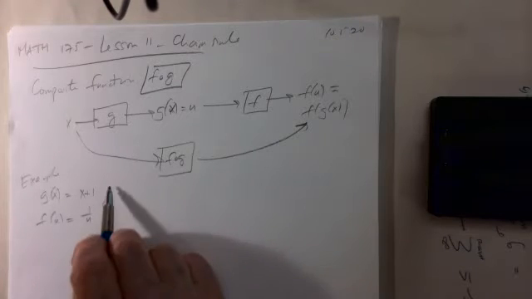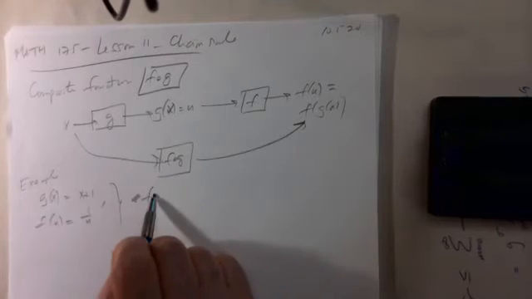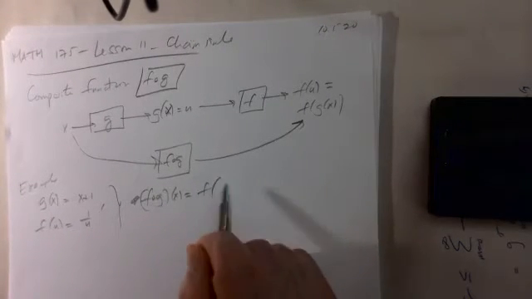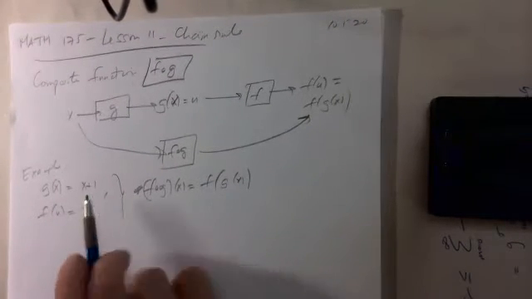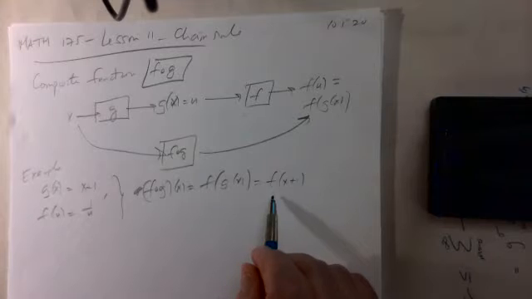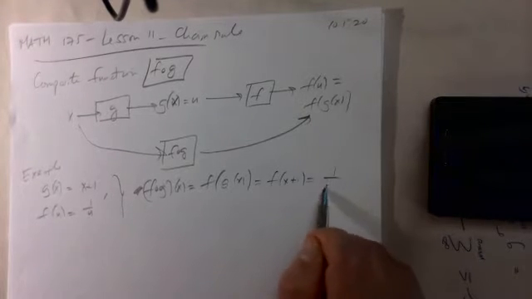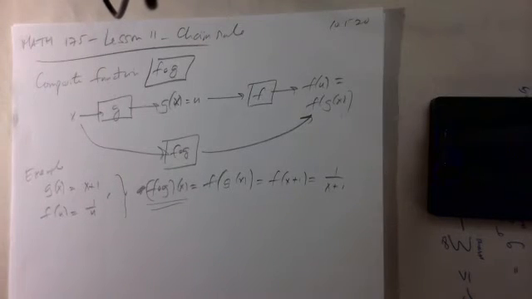So if we compose them, f composed with g of x, this means f of g of x. G of x is x plus 1. And f of anything is 1 over that anything, 1 over x plus 1. So f composed with g of x is 1 over x plus 1. That's an example of a composite function.